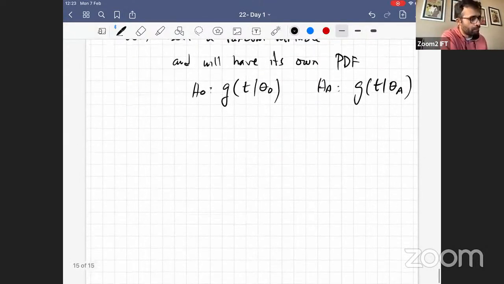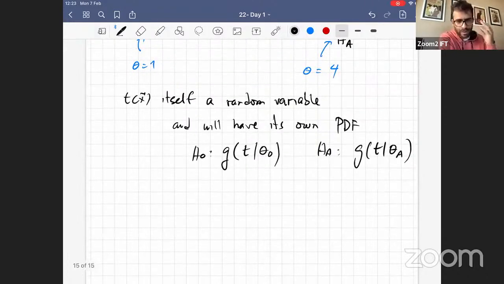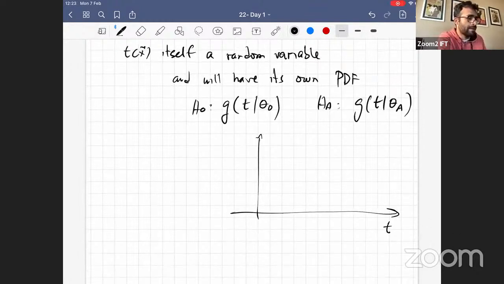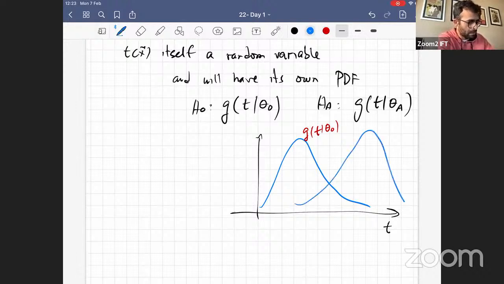Okay, now that we are thinking in the space of the test statistic, I can try to visualize this in a plot. As a function of t, I can have, for example, one distribution here corresponding to the null hypothesis, and I can have another distribution here corresponding to the alternative hypothesis, right?